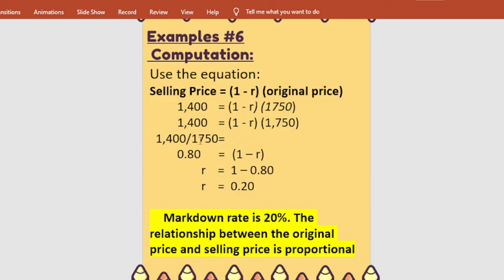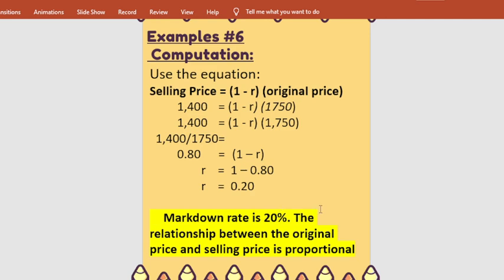Transpose to the other side. 1,400 over 1,750 is equal to 0.80, which is equal to 1 minus R. So R is equal to 1 minus 0.80, so R is equal to 0.20. But we need the rate, so we have to change it into percent. 0.20 times 100, and the markdown rate is 20%.